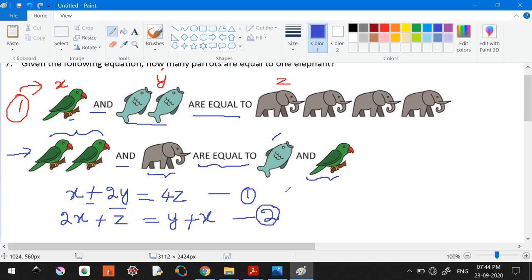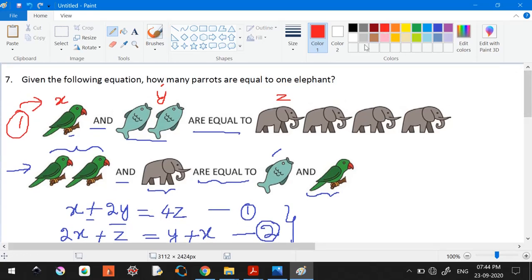If you are able to derive these equations, then half of your job is done. For such questions, you can easily relate to X, Y, Z, or P, Q, R, S, whatever it is, and then solve very easily. So that's the logic.